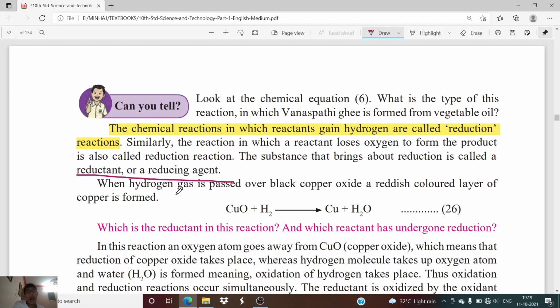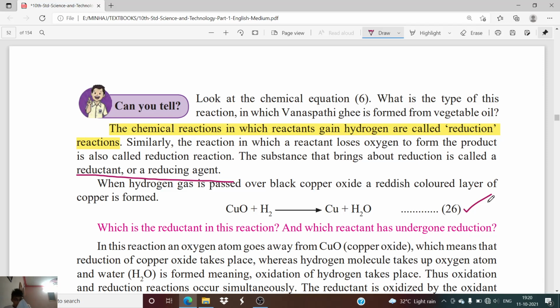Now when hydrogen gas is passed over black copper oxide, a reddish colored layer of copper is formed. So here an example of a reduction reaction is given. When we introduce hydrogen gas on copper oxide, CuO, we get Cu plus H2O.